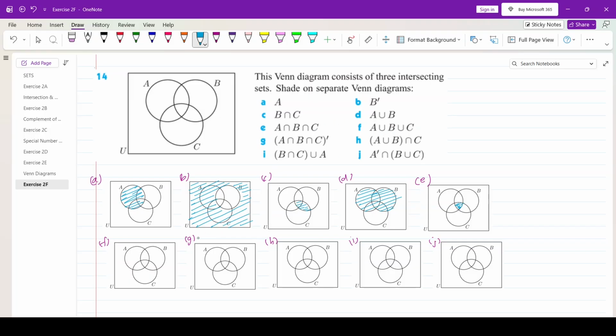Set A union B union C is going to be part G. A intersection B intersection C, the complement of this thing. So A intersection B intersection C is this part. Now we have to take its complement. So complement will be everything except this part.